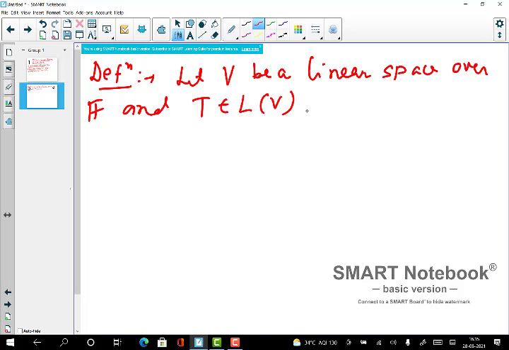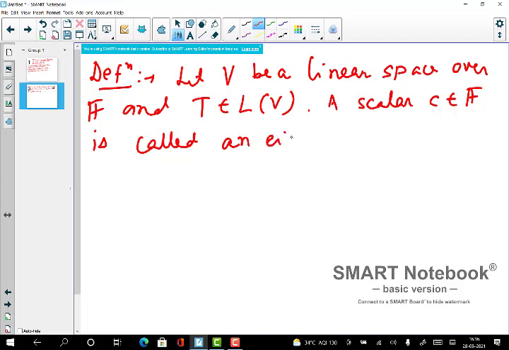Then we define a scalar c belonging to F, sorry, I should not say non-zero, just a scalar. It is called an eigenvalue of T over F. You can also call it a characteristic value.